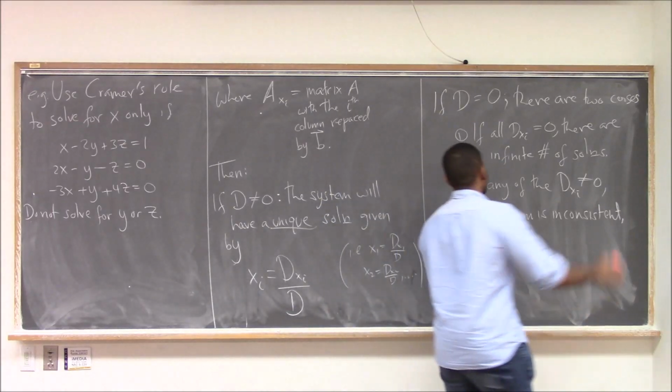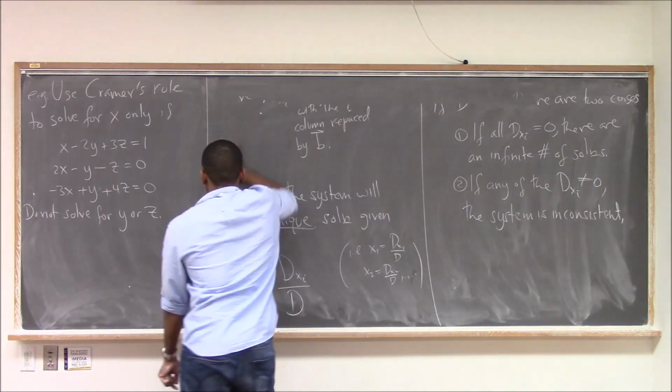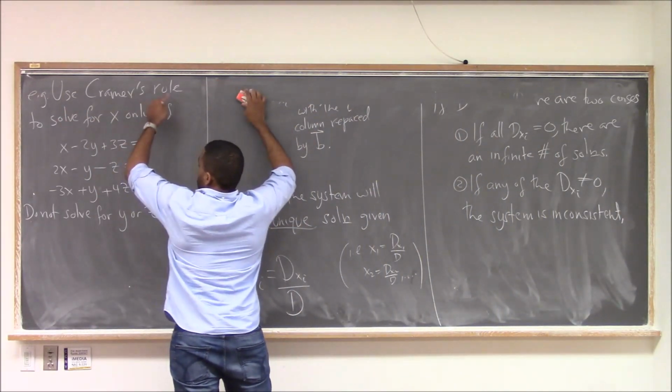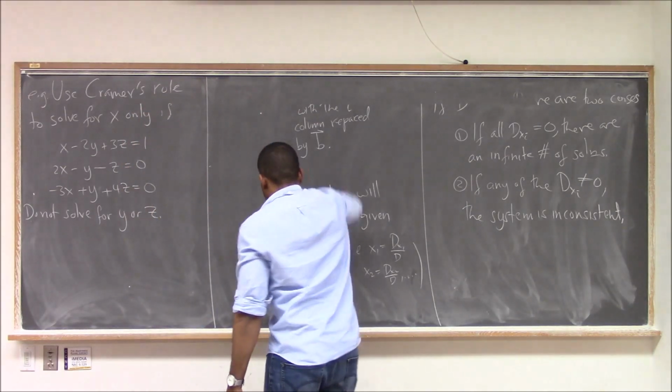So that's a possible question on an exam. And of course, if the problem says use Cramer's rule, then you won't get credit for any other method. You have to use Cramer's rule.